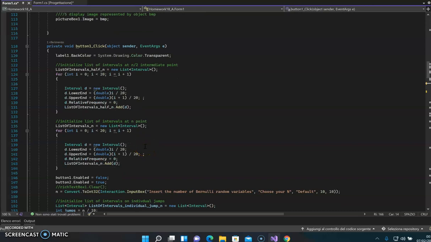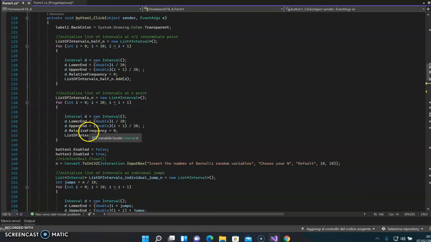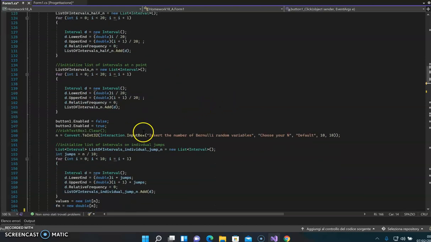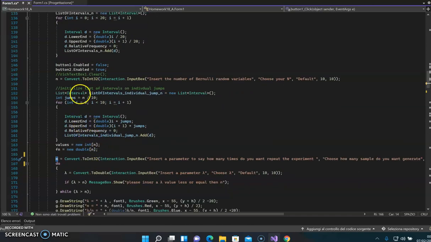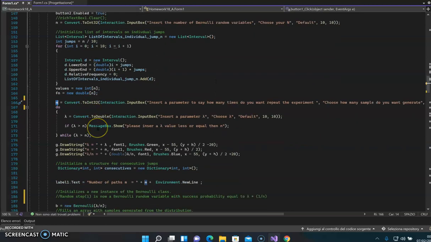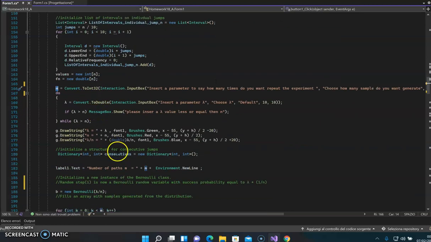There are several lists of intervals because, for example, we have to calculate at intermediate points the distribution of the successes over all possibilities. We take an input n as explained before, and then we initialize a list of interval of jumps that I can show you during the execution.